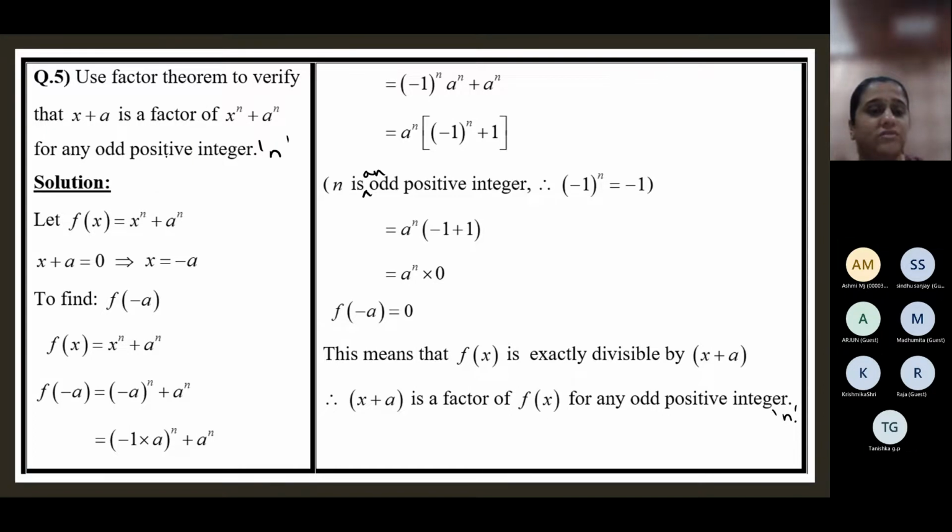For any odd positive integer n. Yes, ma'am. Yeah, n is an odd positive integer. Okay.